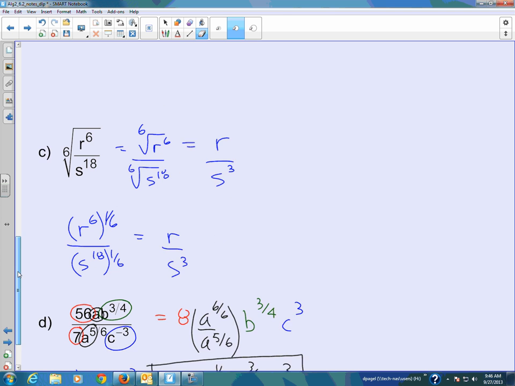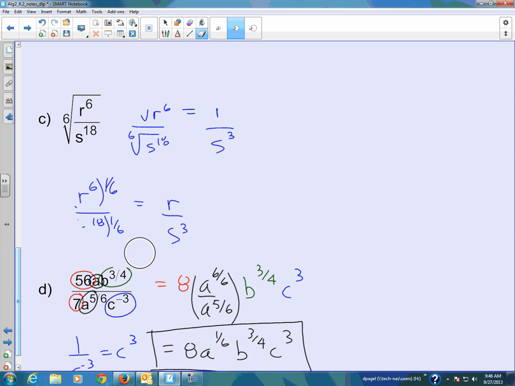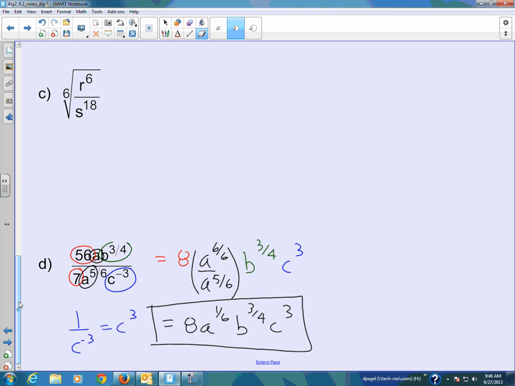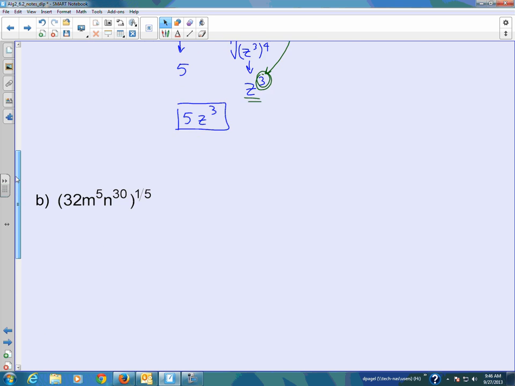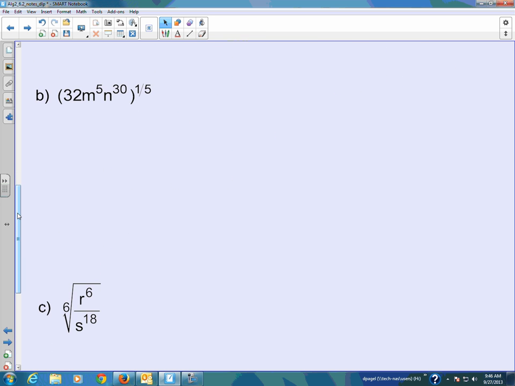So let's work through this next group of examples. For the B, nothing to do on the inside in terms of simplifying, so that means we're going to raise everything to the 1/5.